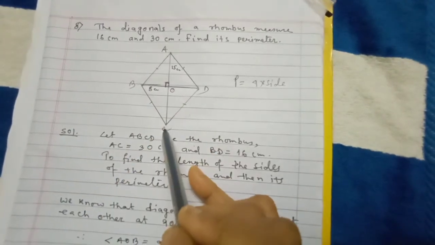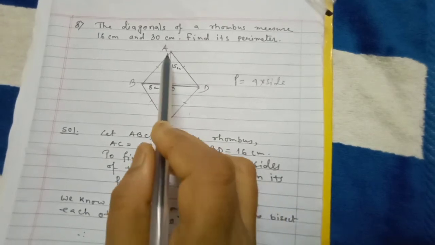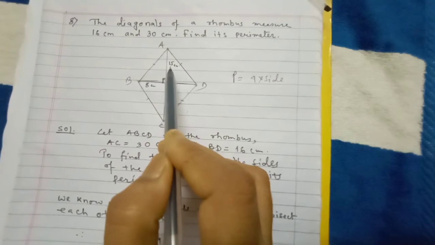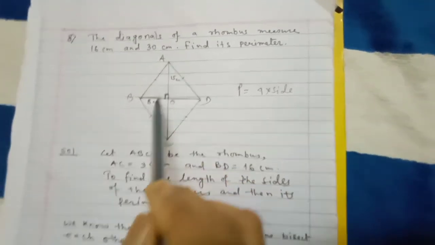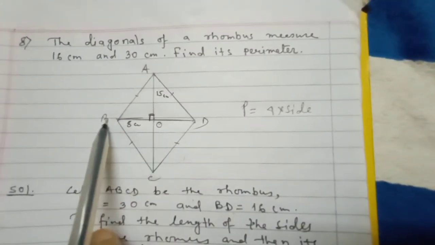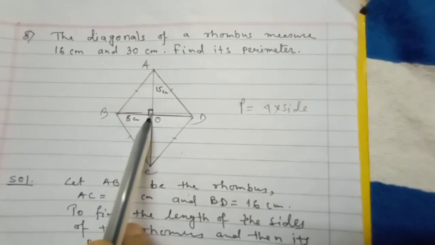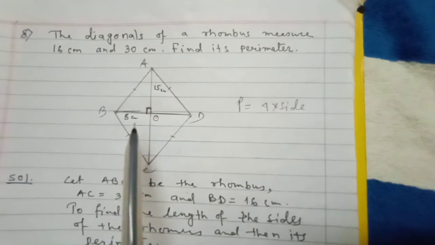AC is 30 centimeter, AO is half of AC, so AO is 30 by 2, that means 15 centimeter, and BO is half of BD, so it will be 16 by 2, that is 8 centimeter.